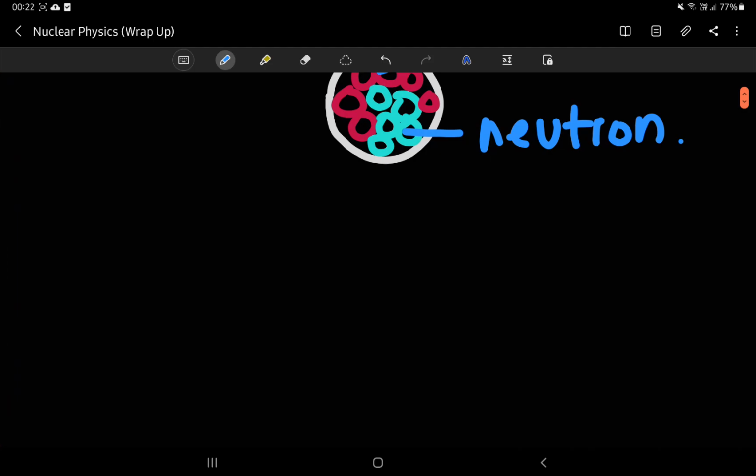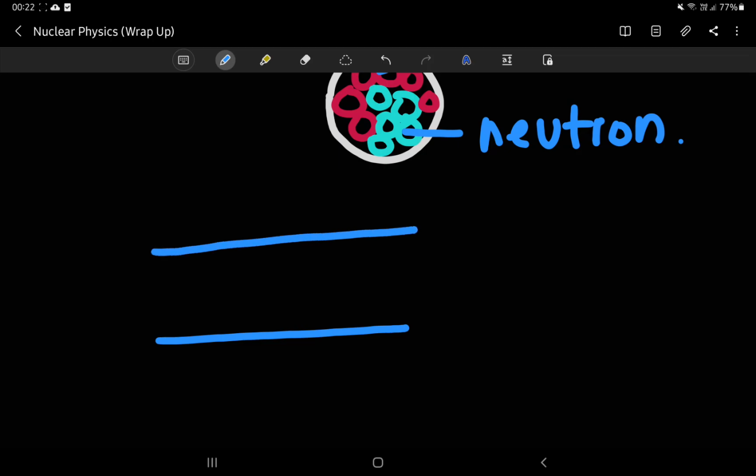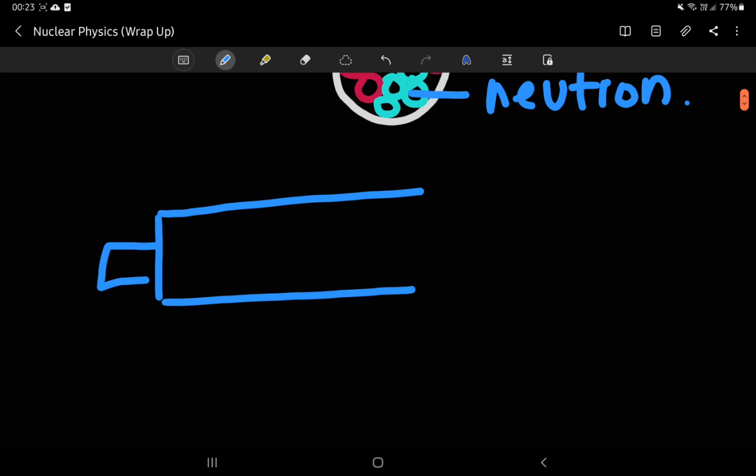We have learned about the mass spectrometer. So it's like this, and we have the opening over here. So we are going to put the atom inside. This is the source atom. We're going to put it inside, and then we are going to vaporize it.